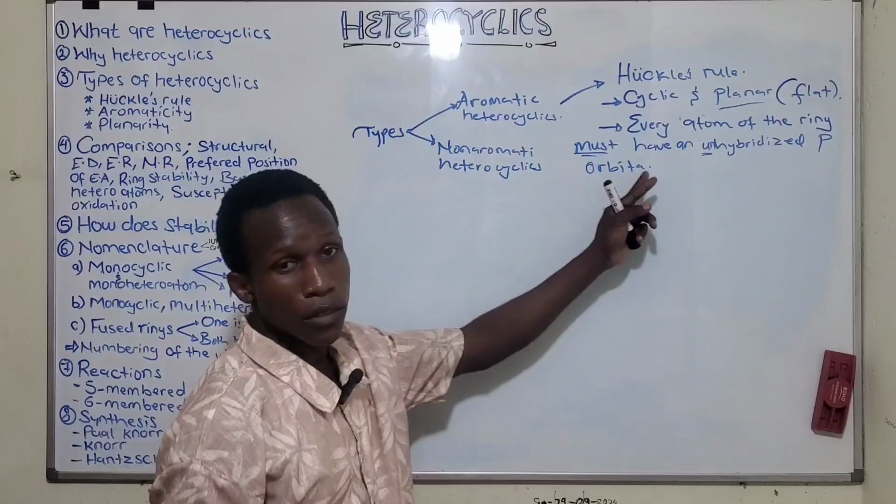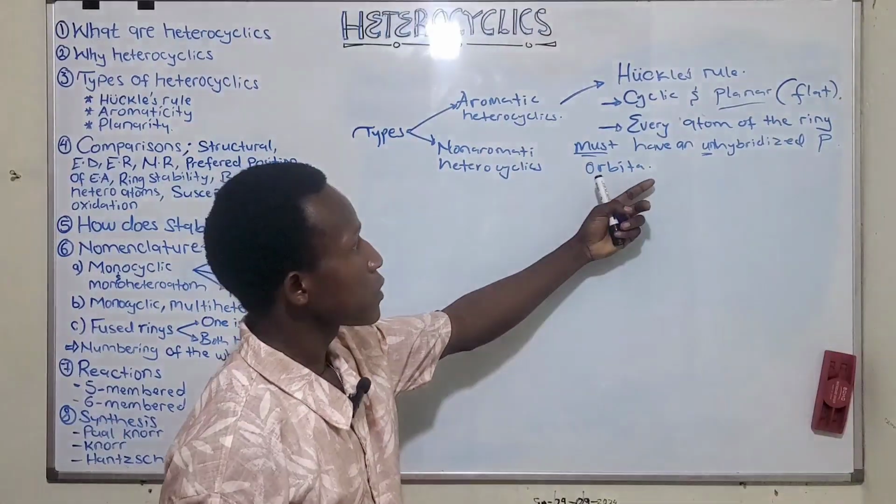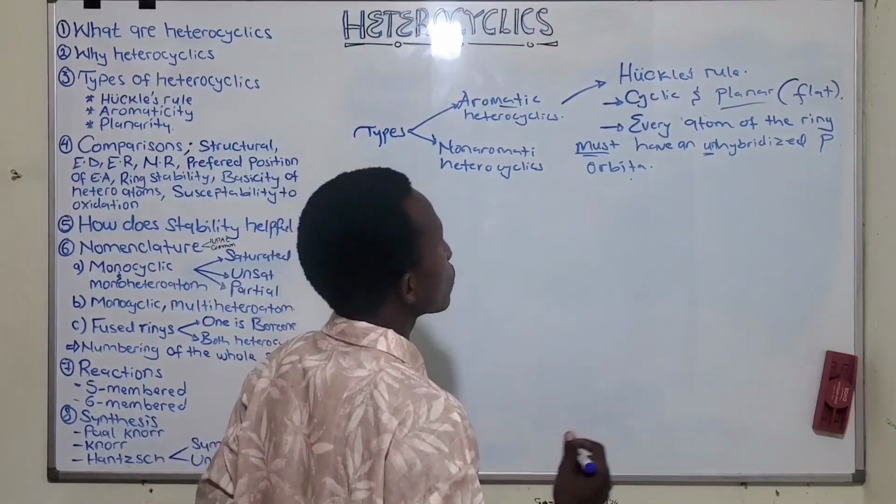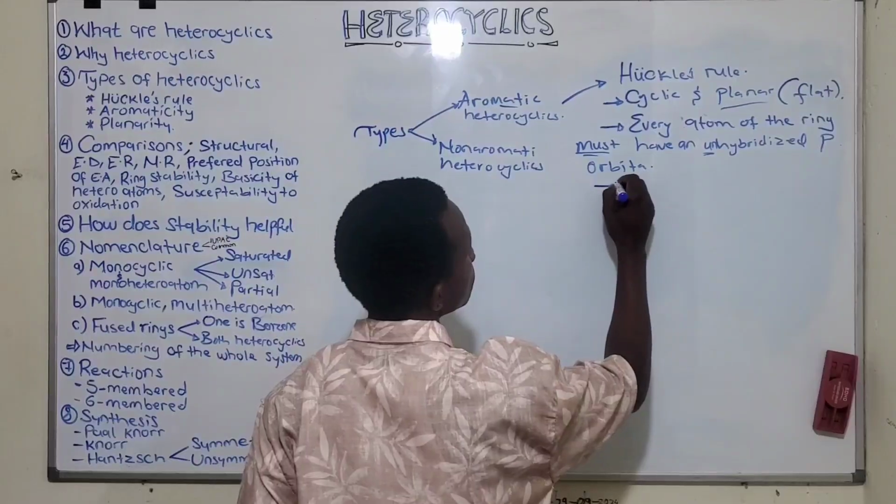So we shall see this. Another rule or criterion is that the heterocyclic should have 4n plus 2 pi electrons.